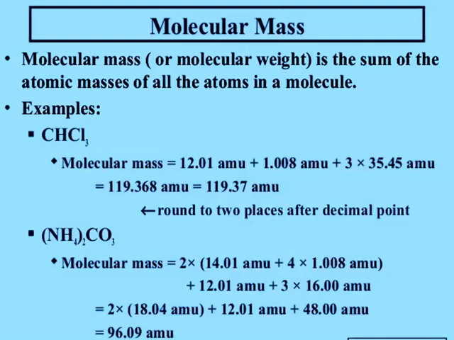Let us see a few examples. When we consider molecular mass or molecular weight, it is the sum of the atomic masses of all the atoms in a molecule, whether similar or dissimilar.